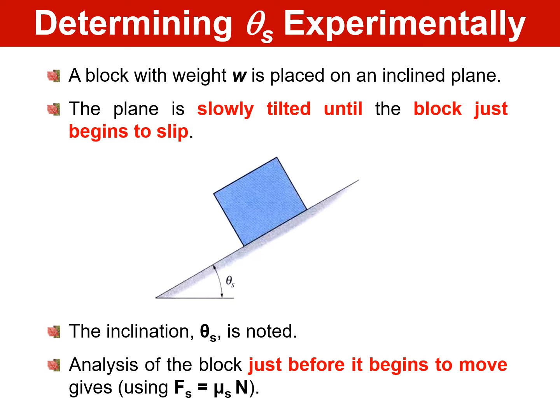So how do you know the minimum angle at which the block begins to move? In the analysis of the block just before it begins to move, you use the equation for static frictional force Fs equals mu s times the normal force.